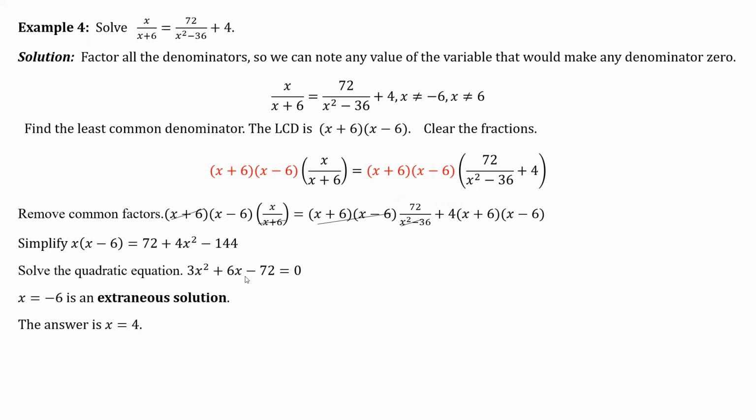This quadratic equation has two solutions, x equal to -6 and x equal to 4. The solution x equal to -6 is an extraneous solution because it is the same as the excluded value. So the solution of this rational equation is 4.